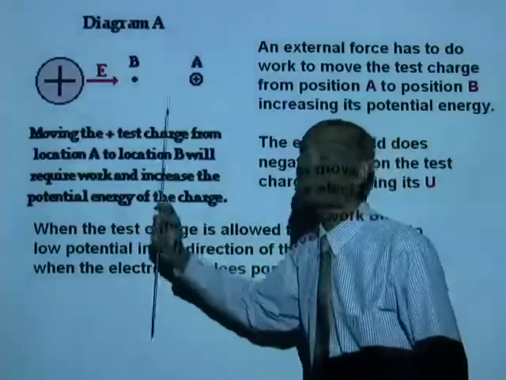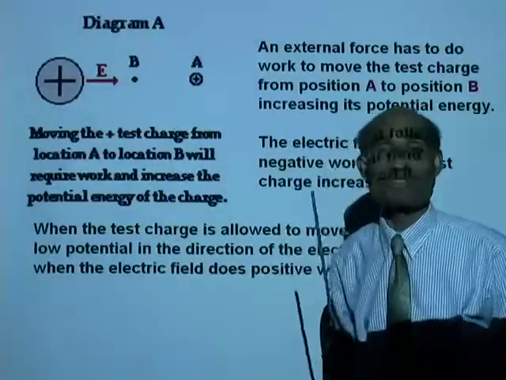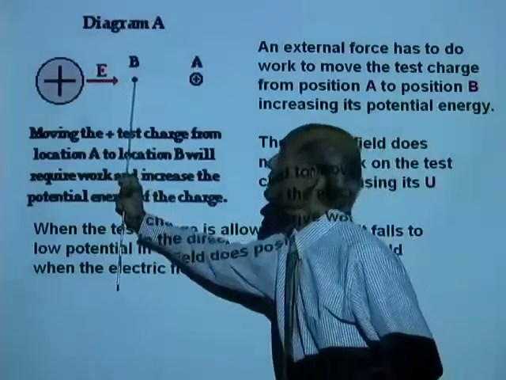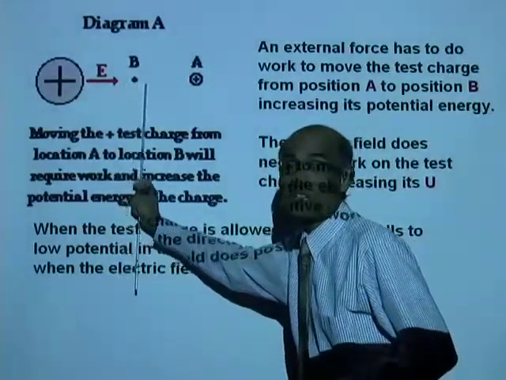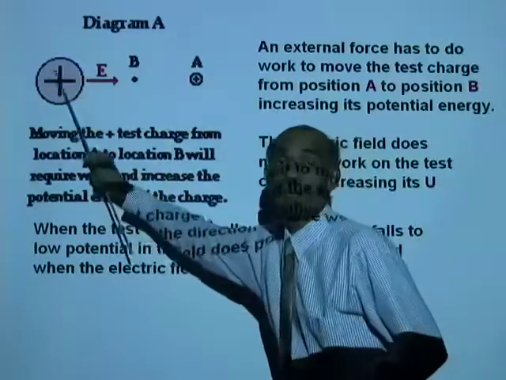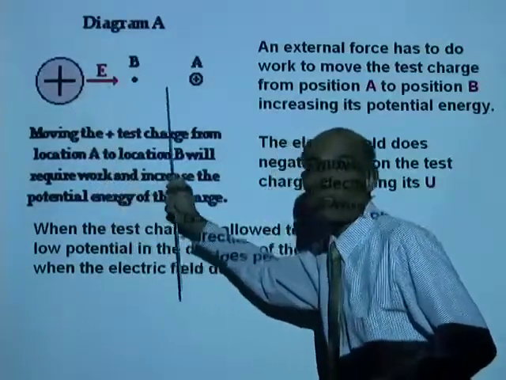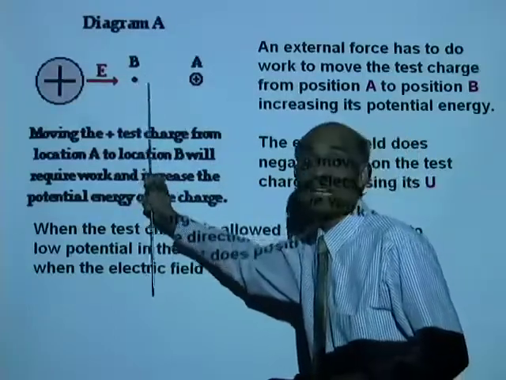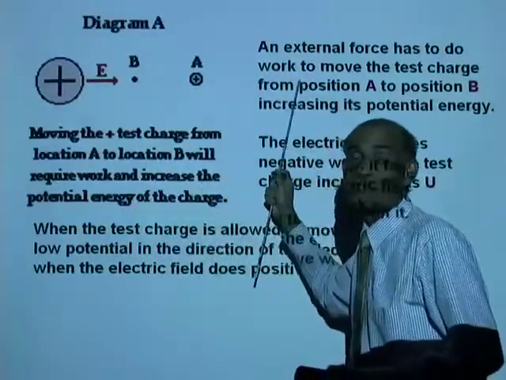What is the direction of motion of a positive charge in an electric field? You can see, if you leave the positive charge, it will move away from this positive charge in the direction of the electric field. Now, when it does that, its potential decreases.